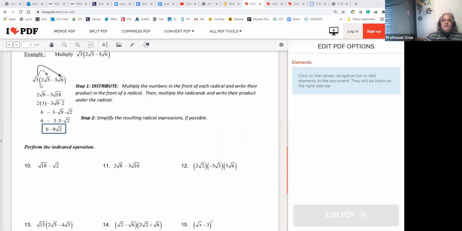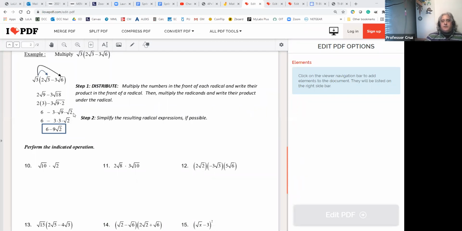All right. So square root of 3 times 2 square roots of 3 is 2 square roots of 9. The 9 is going to turn into 3. Square root of 3 times 3 square roots of 6 is 3 square roots of 18. And 9 times 2 is how 18 is broken down. As long as there's a perfect square in there, we're going to take it out.